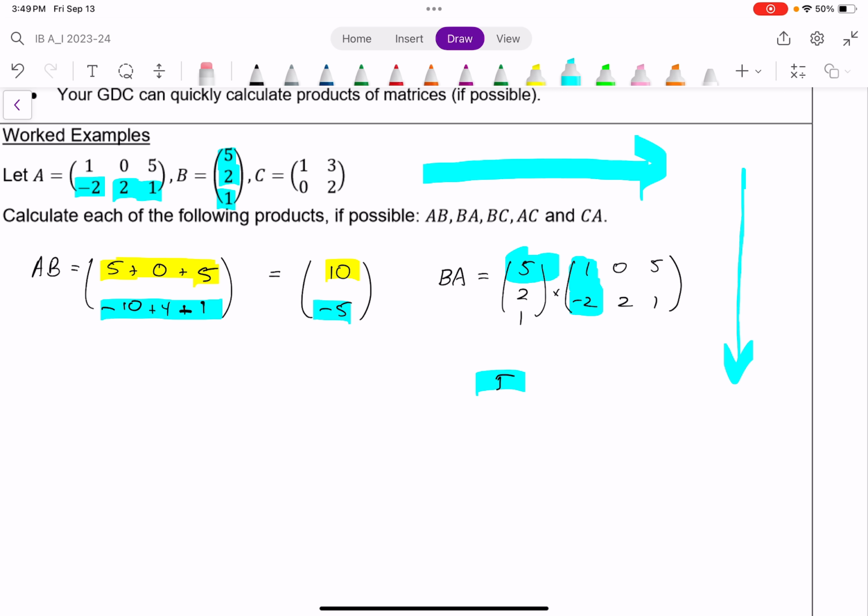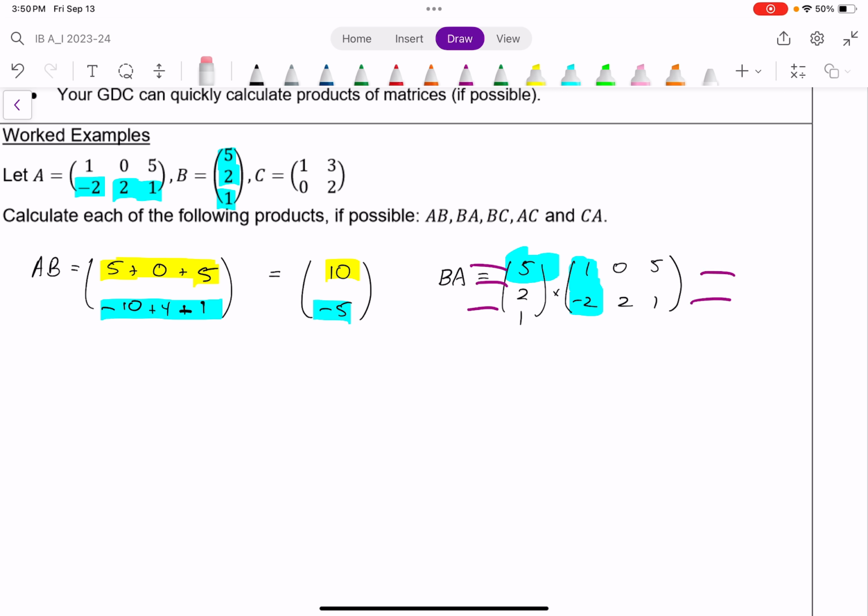I just cannot multiply these, which really tells us that for it to be possible for 2 matrices to multiply to one another, the number of columns in the first matrix has to match up with the number of rows in the second. And the order we multiply matters. In this case, the first matrix, matrix B, has 3 columns, but matrix A only has 2 rows. They're not the same, and so it's not possible.